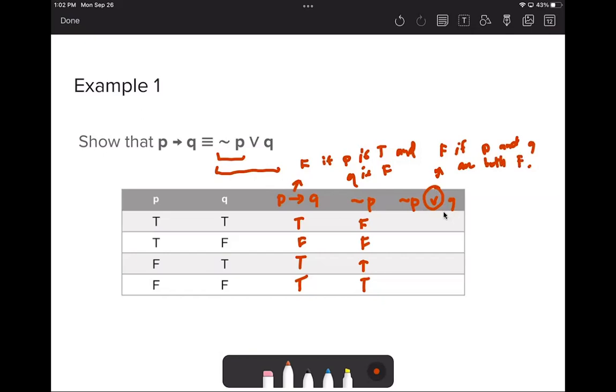So true and false will give us a true. False and false will give us a false. True and true will give us a true, and false and true will also give us a true.